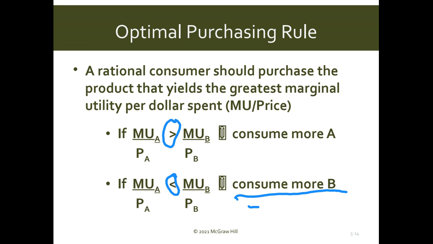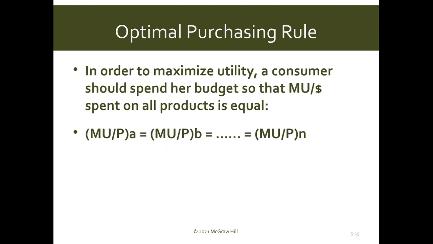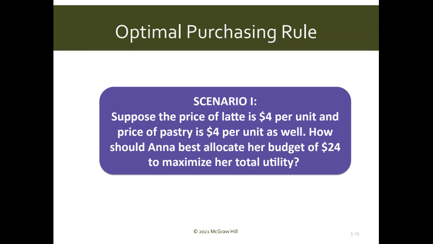And suppose you have not only two products, but n products. The best rule is that you allocate your funds on these products in such a way that all these ratios are equal. That is the best situation. Let's take a simple example and you will understand this.